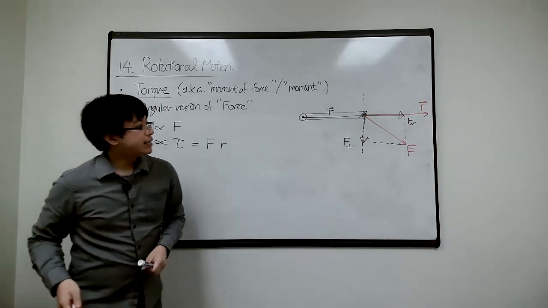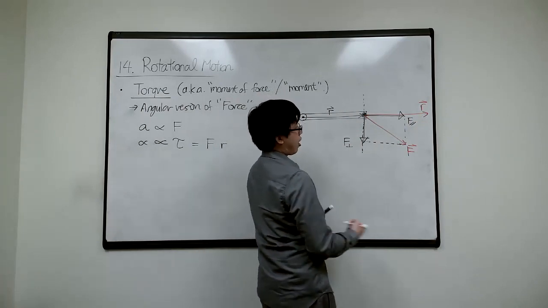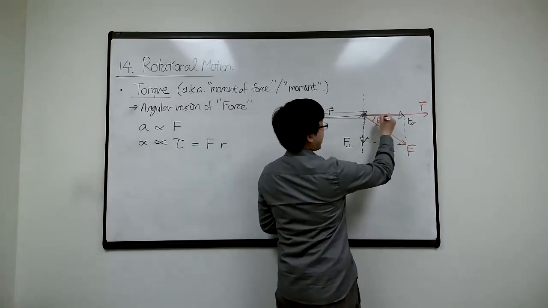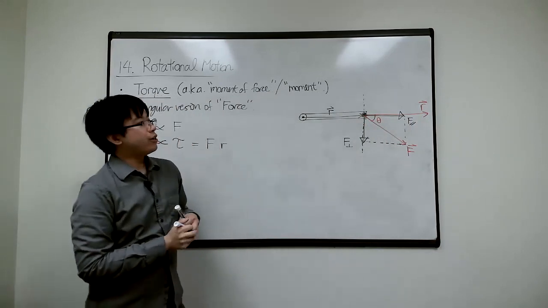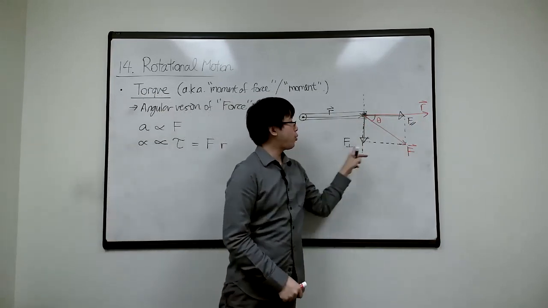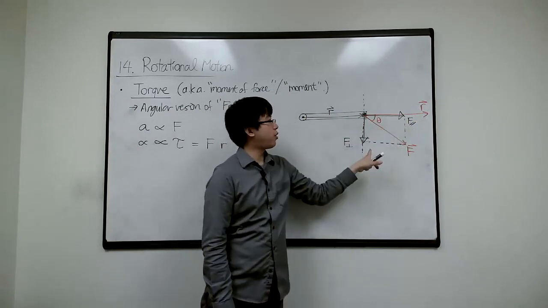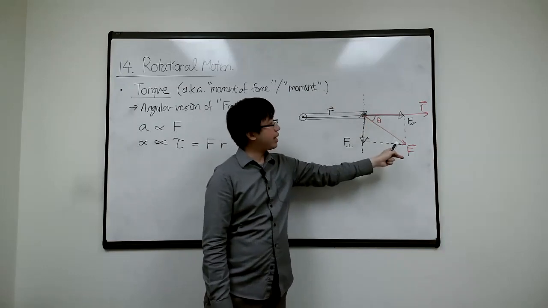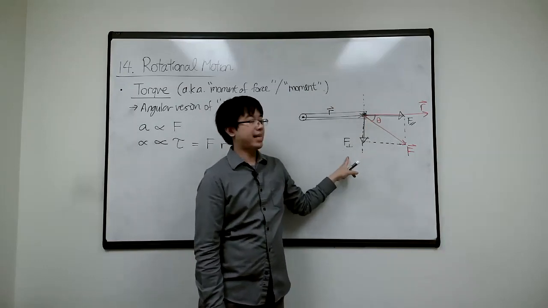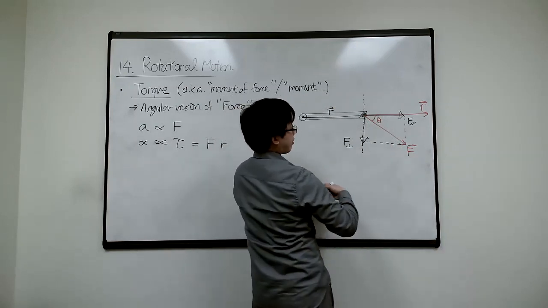Okay, and now, what is the included angle between F and R? I want to use different colors. That's the included angle. Which is the component of F that is opening the door again? F parallel is not really opening the door, right? So if I push it at an angle like this, it's only that component that is really helping me. And how is this component related to the magnitude of F?